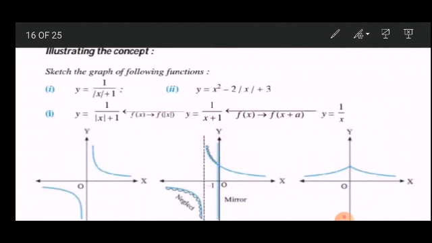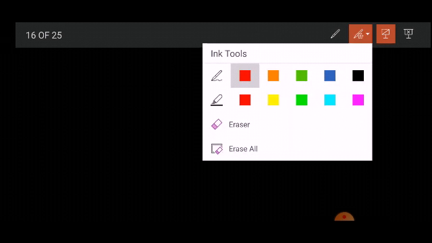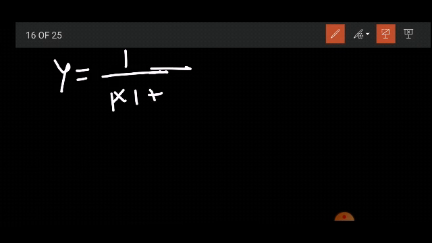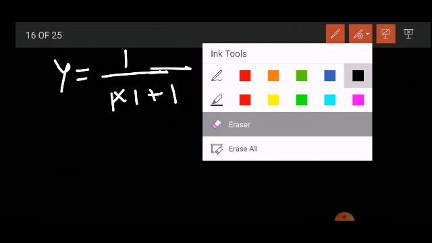So we will plan this way. The question was y equal to 1 upon mod x plus 1. Let me note it down first. What's the planning over here?